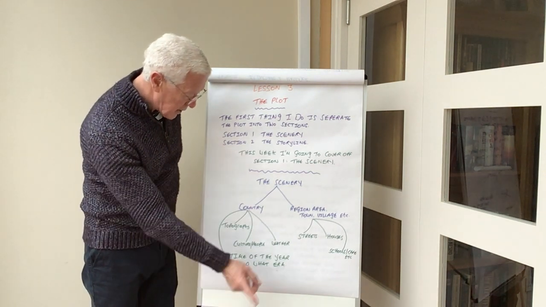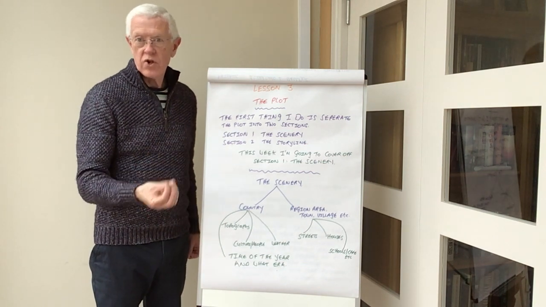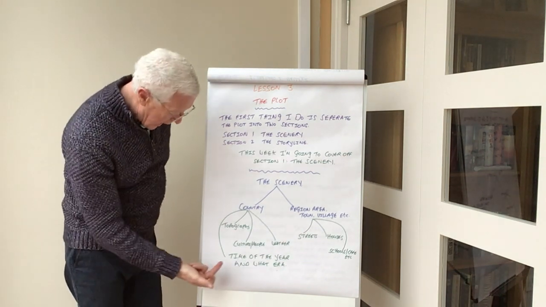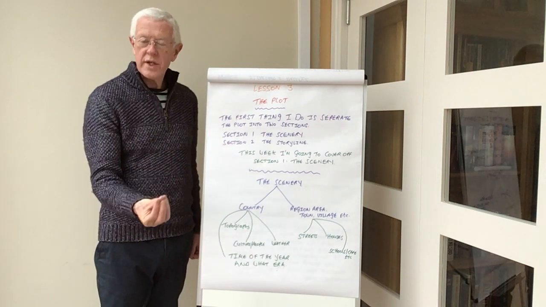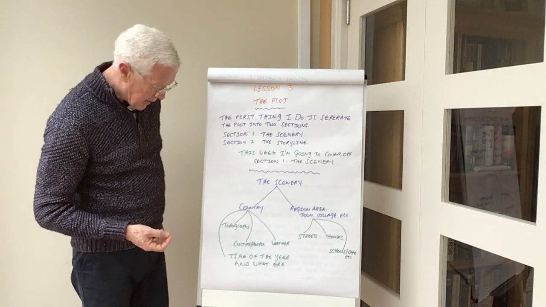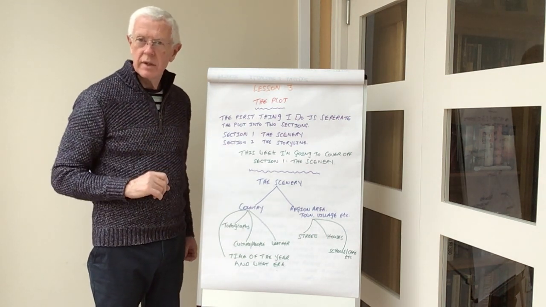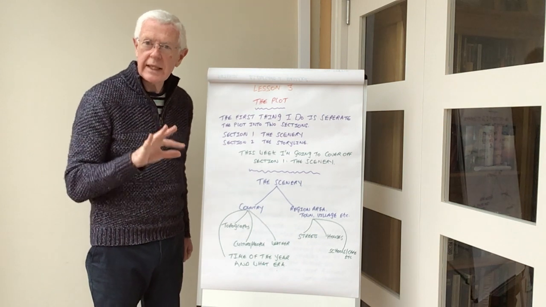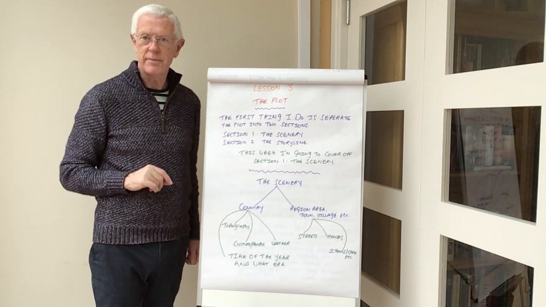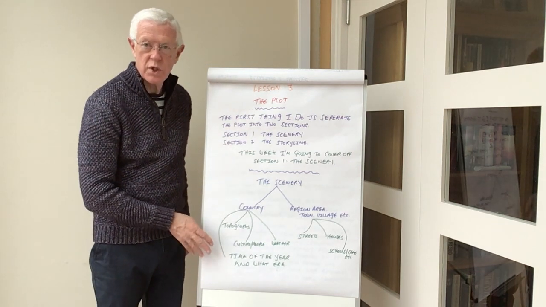And you also need to have a look at the weather that that country has. And also, what time of the year is your story set? And again, really important is what era is your storyline set? What year is your storyline set in? So these are very important facts for you to consider.